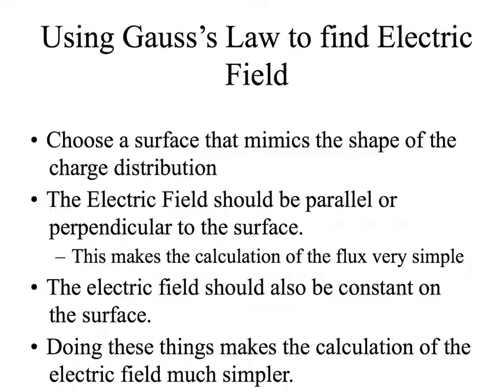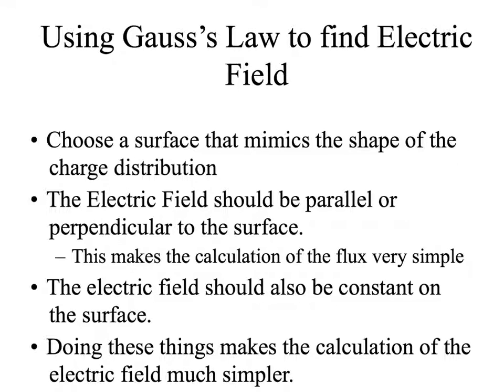So we do have to be careful. Gauss's law can't be used to find the electric field all the time. There are going to be certain cases where it works, and these rules will help you see whether this is a case where it's going to work. Basically, the first thing is you're going to choose a surface that mimics the shape of the charge distribution.